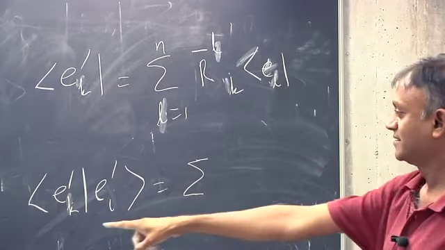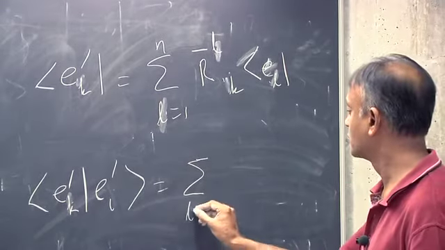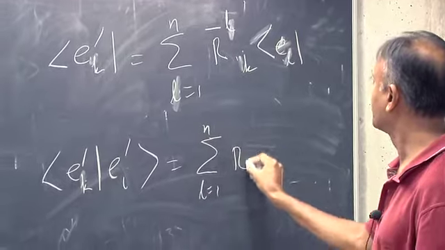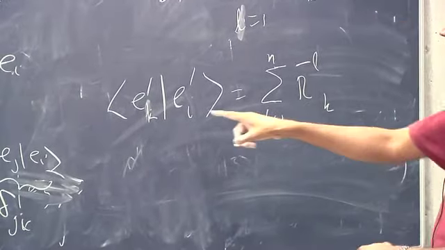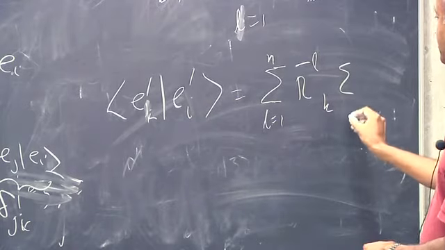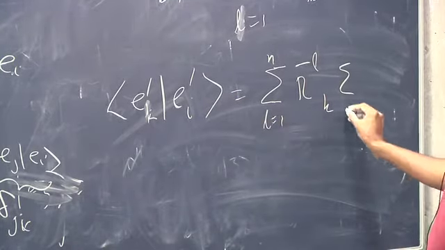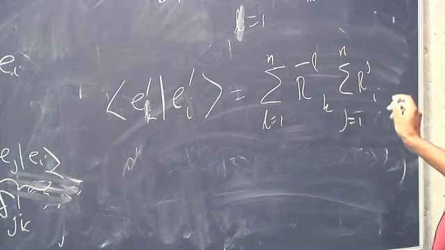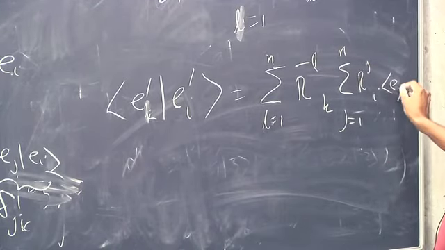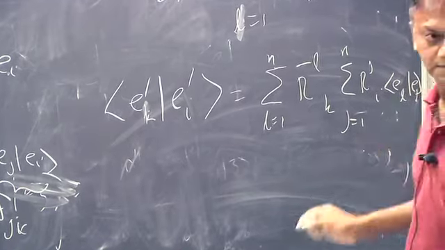So this ek prime is that: we have sum over l equal to 1 to n, r bar lk, then you have el. Similarly for ei prime, I have that expression, which is sum over j equal to 1 to n, rji, and then we have el with ej, correct?